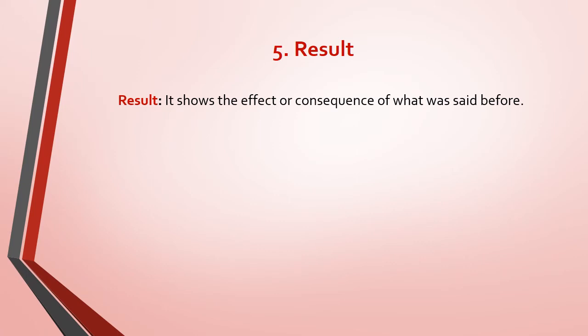Now in this slide we have the fifth relationship, which is result. Sentence 2 is the result of the previous sentence. So result shows the effect or consequence of what was said before.